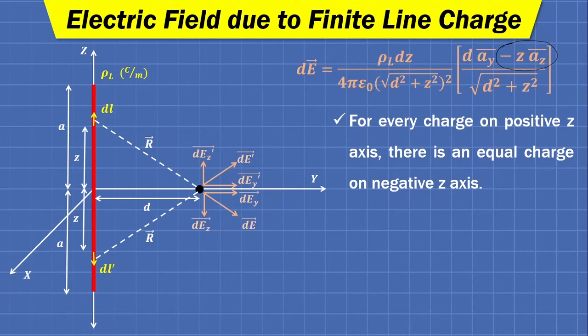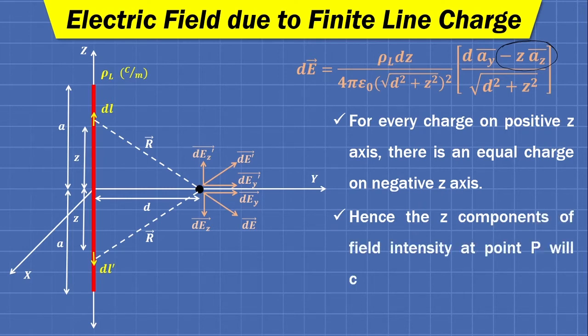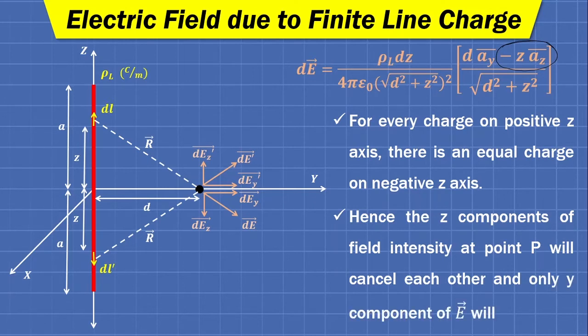So we will eliminate this term a_z bar from the calculation, as we know that the field intensity will have no z component in this case. So the z components of field intensity at point P will cancel each other, and only the y component of E bar will exist.